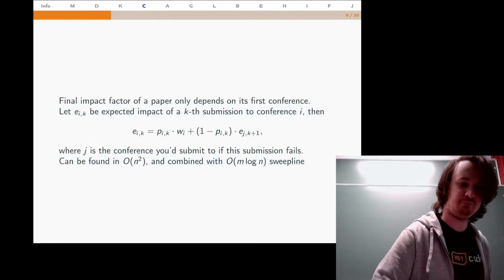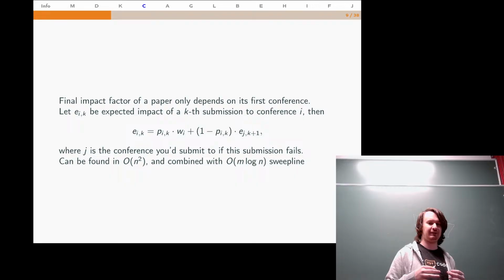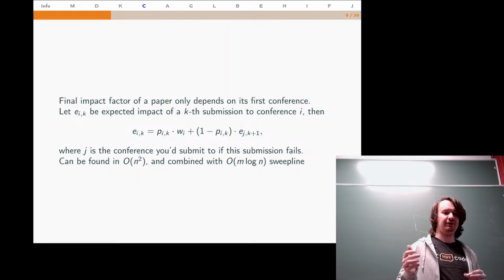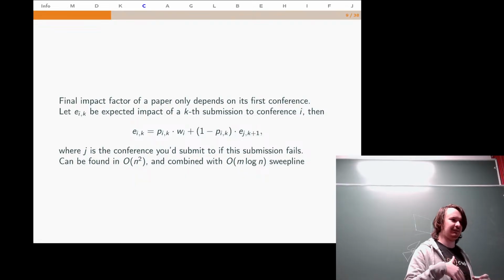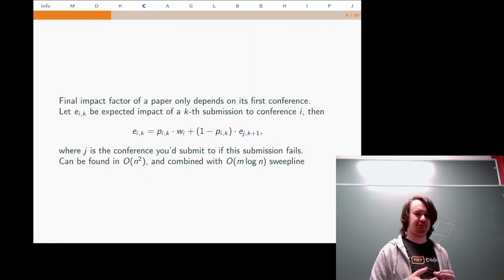So because of this, we can find an expected impact of a submission to conference number i, under the condition that we submit the paper at some conference.